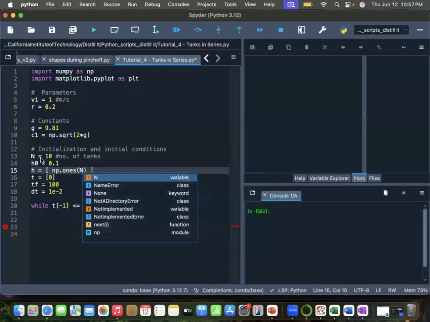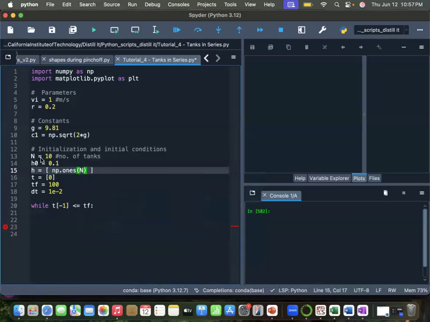So np.ones(n) would give me a numpy array of n ones, right? And I'll multiply that by the initial height h naught. Once again, this initial condition could change. Each tank could have a different initial height and so on and so forth, depending on the problem that you're dealing with.